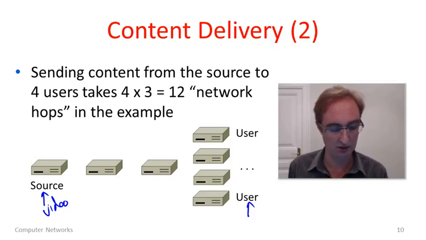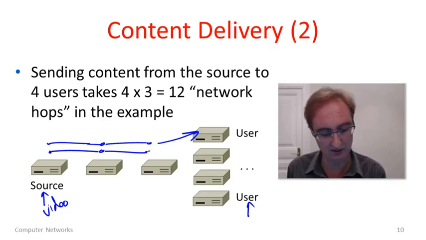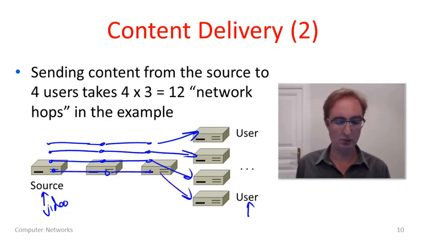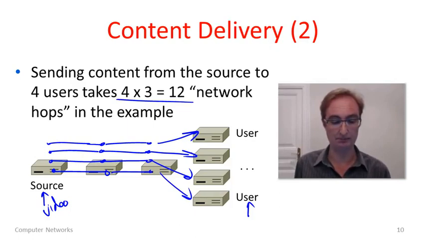First of all, the source sends information to the first user. So 1 hop, 2 hops, 3 hops, and we get it there. Now the source sends the same video to the second user, the third user, you can see where I'm going here, and the fourth user. The total number of network hops we've used, or work we've done, is 4 by 3. That's 12 network hops in this example.